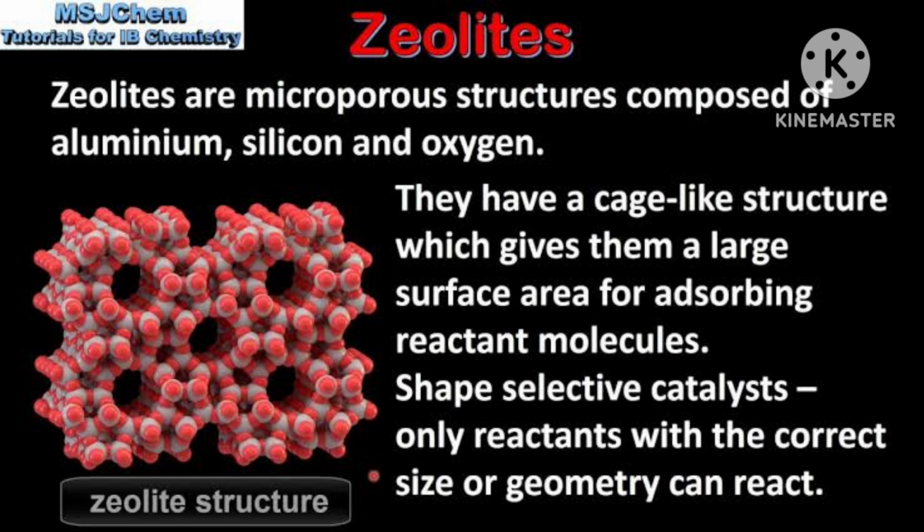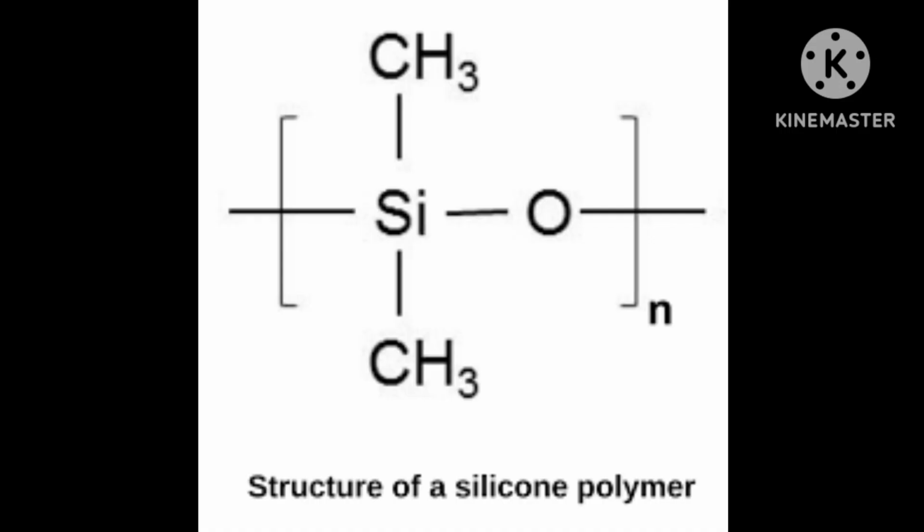Zeolites are widely used as a catalyst in petrochemical industries for cracking of hydrocarbons and for isomerization. An example is ZSM-5, capital Z, S, M5.